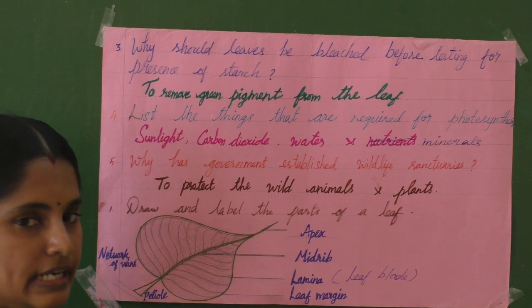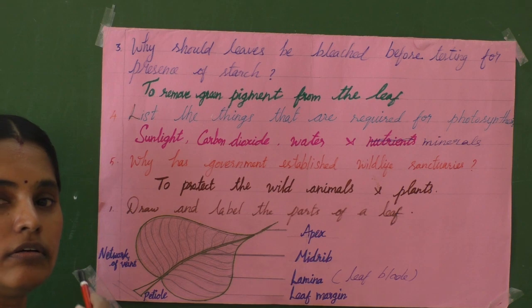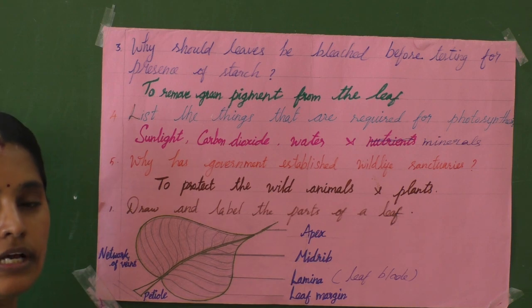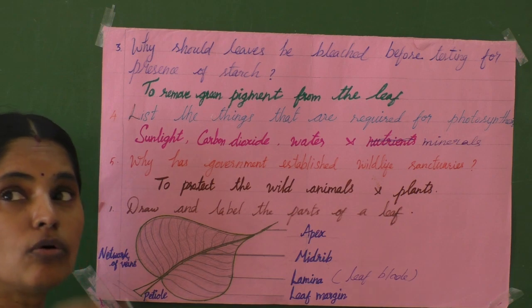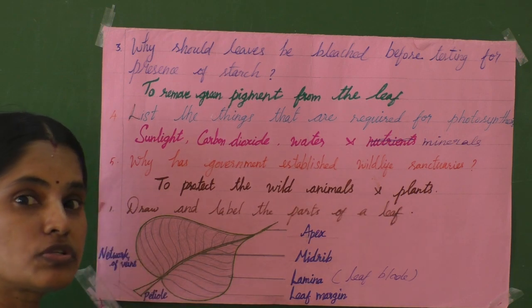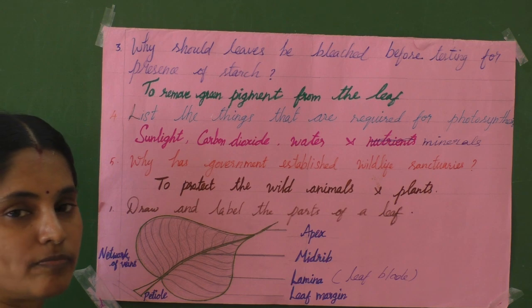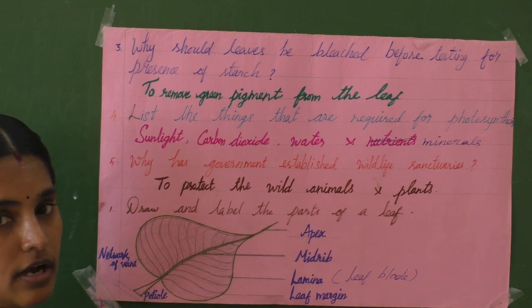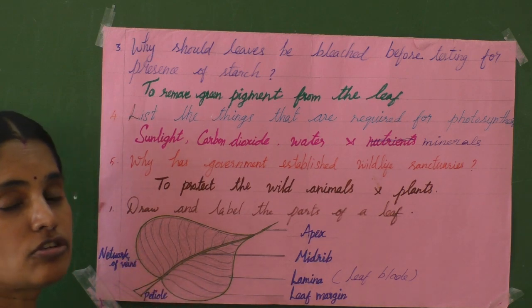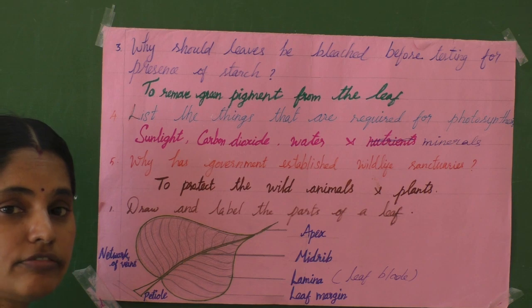The leaf is green in color. Now we are going to test the presence of starch in it. When is starch prepared in the leaf? When sunlight falls and photosynthesis happens, starch is prepared.